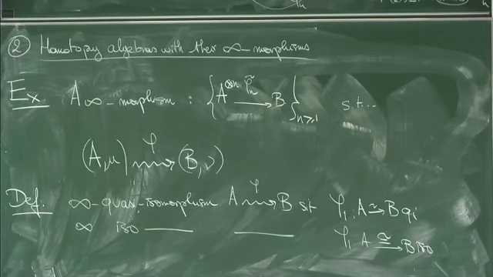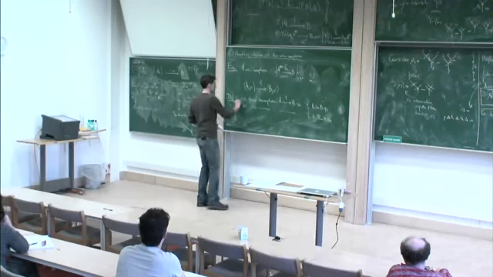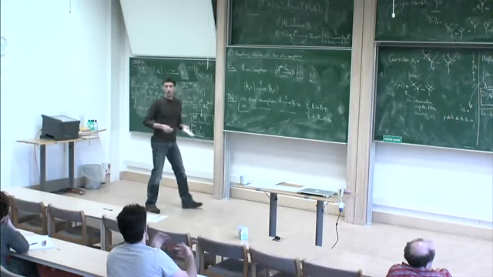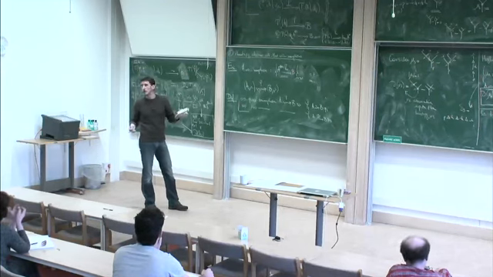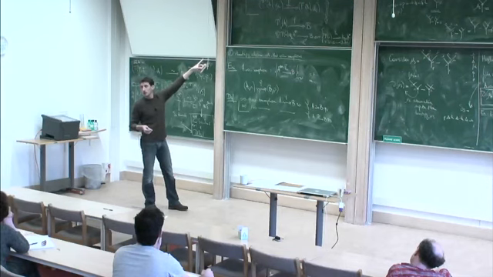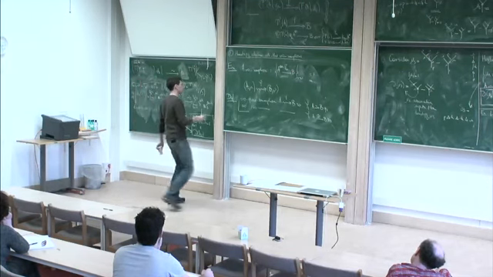Alors, when we define objects and maps, most of the time it's because we want to build a category. So here, yes, P infinity algebras with their infinity morphisms form a category. That's easy to see. Can we compose such morphisms? In the way I define them, yes. So they are composable, and this forms a category.